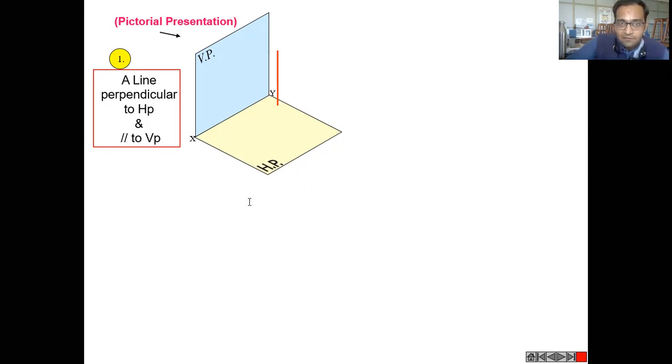Let us take 2 points A and B, and let us have notation or position identification of point A like this. I am writing it over here.